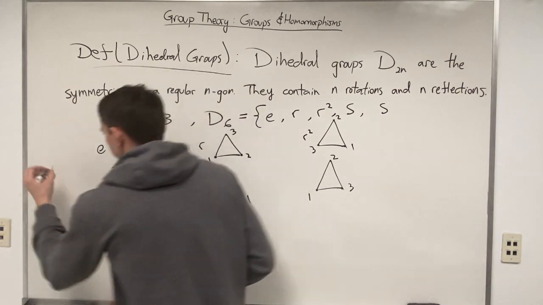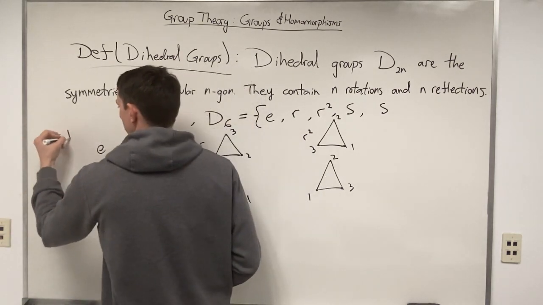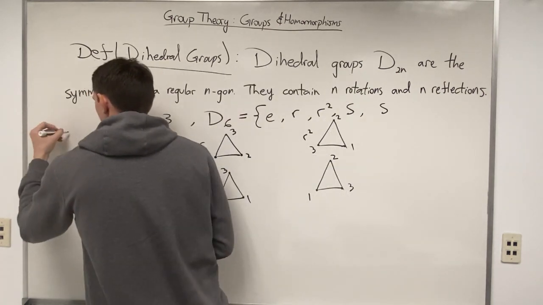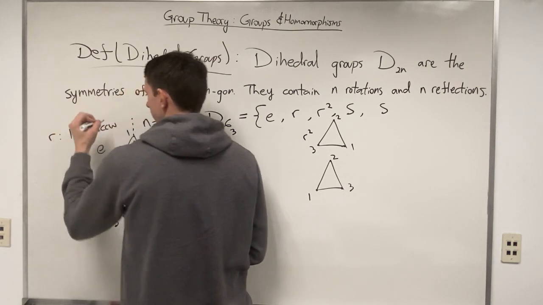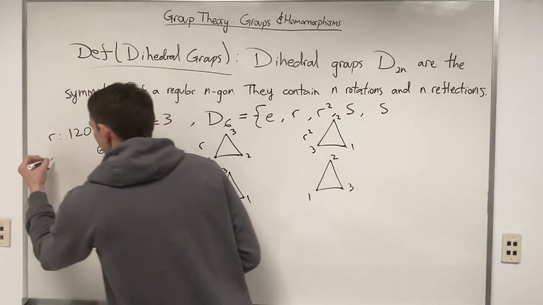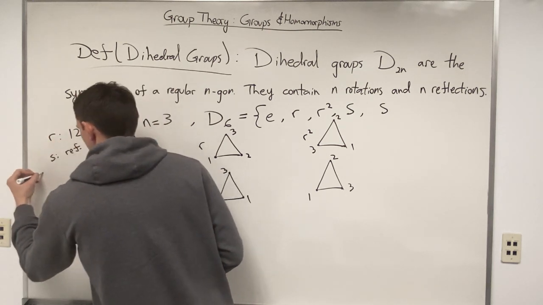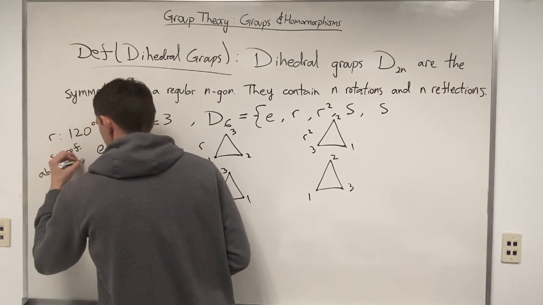Just to make sure this is very clear, let's say R corresponds to a 120 degree counterclockwise rotation, and S corresponds to reflection about the vertical axis.